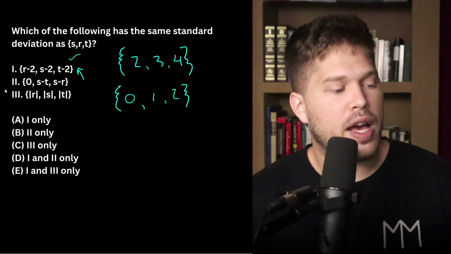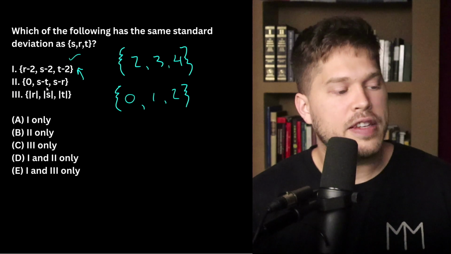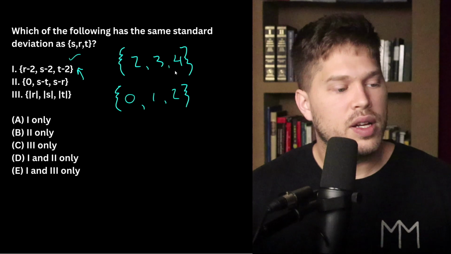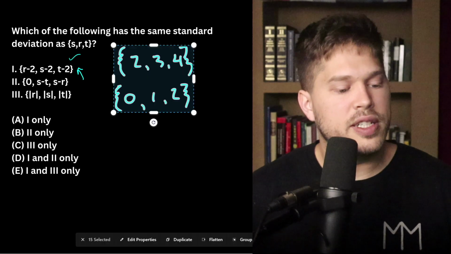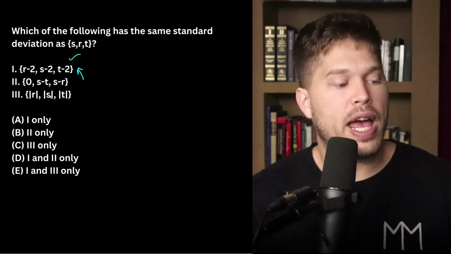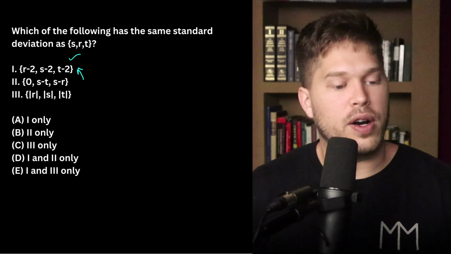In option 2, we have 0, S minus T, and S minus R. Okay, so this is a little bit different. How could we get 0, S minus T, and S minus R?